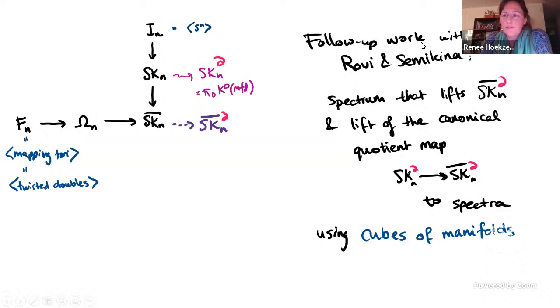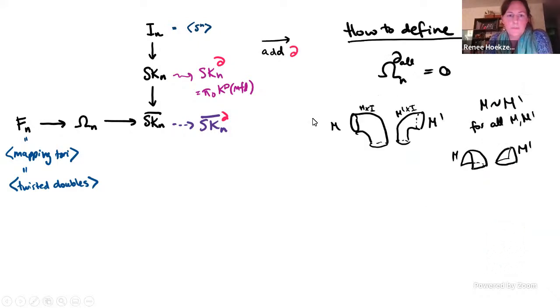What we've done in follow-up work with Carmen Rovi and Julia Semikina is to build a spectrum that lifts SK bar boundary, which I have not defined yet, and lifts a canonical quotient map from SK boundary to SK bar boundary to a map of spectra. And we do this using cubes of manifolds. So before, where we had squares, we now use cubes.